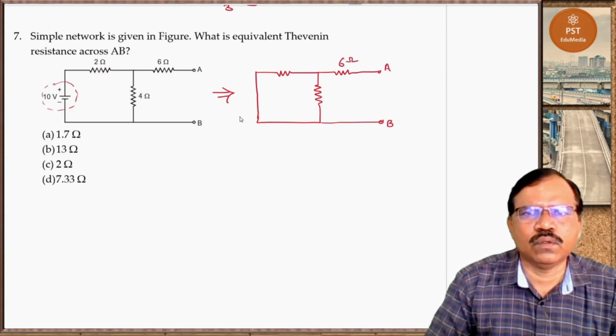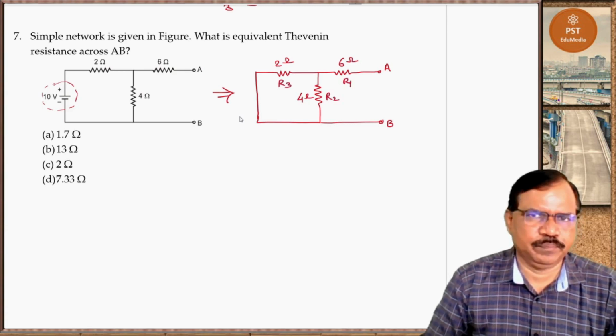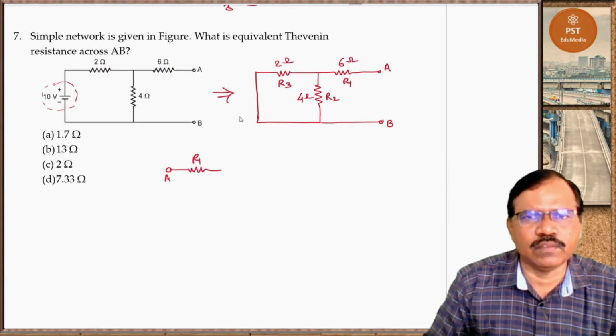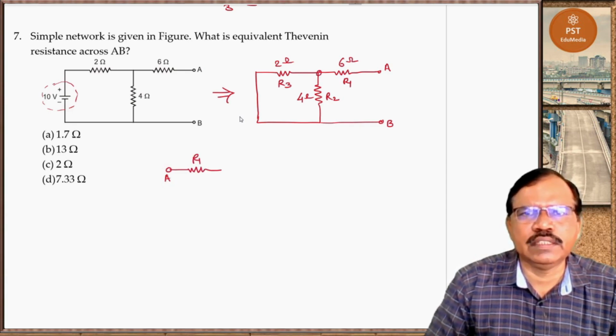Here 6 ohm, 2 ohm and 4 ohm. So let us call these R1, R2, R3. Now let us take terminal A here. From terminal A we have the first resistance R1. Now it comes here.